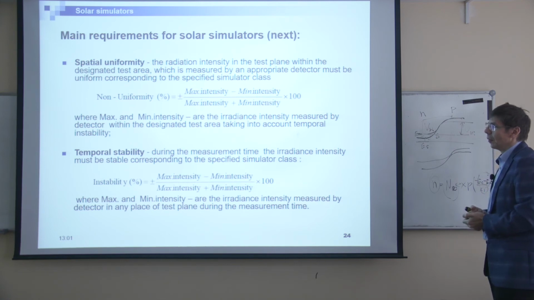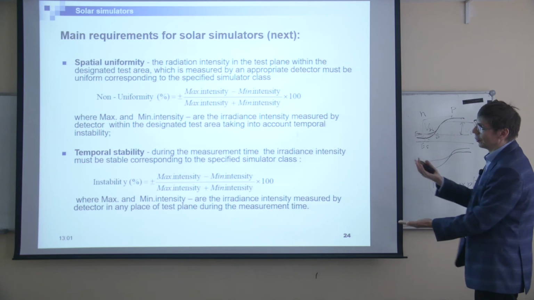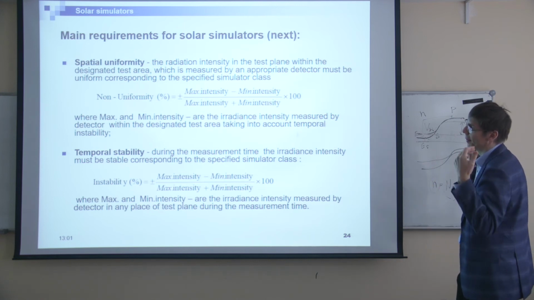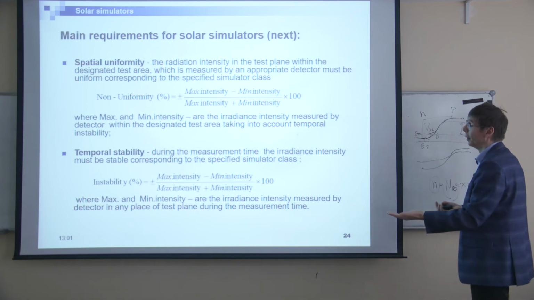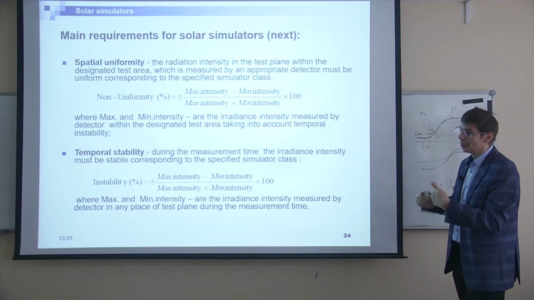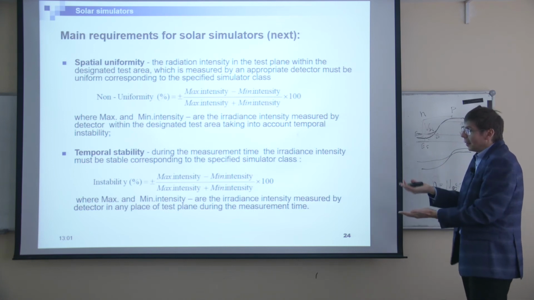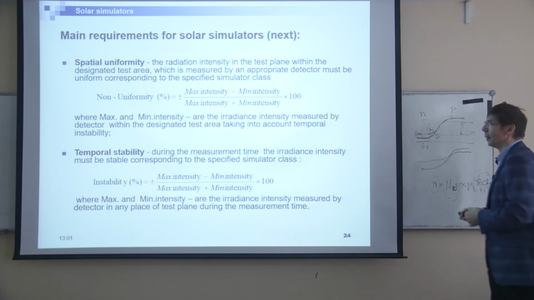And of course the temporal stability is quite important also, because if you calibrated your simulator, you decide that now it's 1 kilowatt per square meter, and then you make some measurements, and if intensity changed, it's impossible to use.